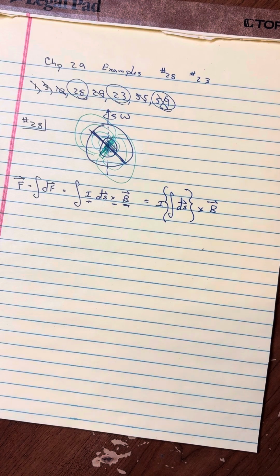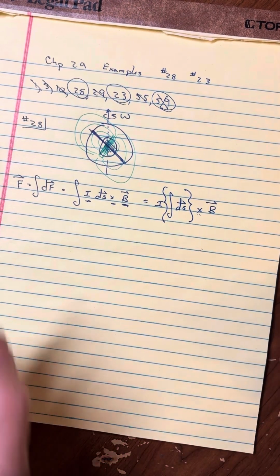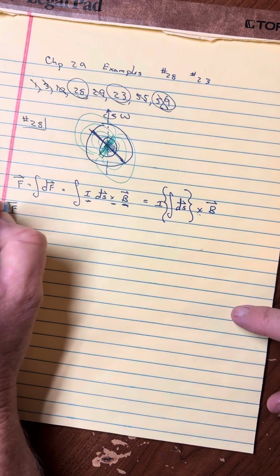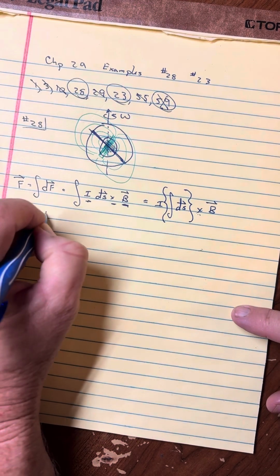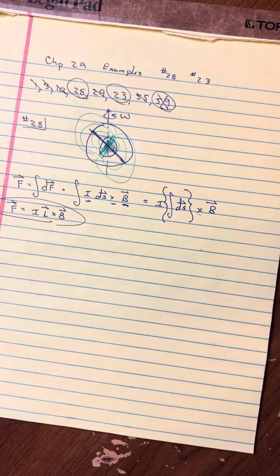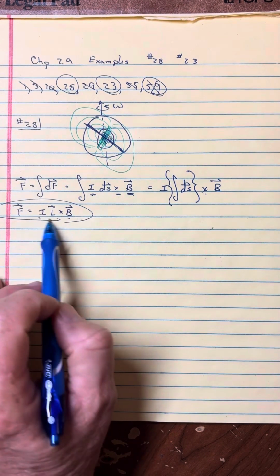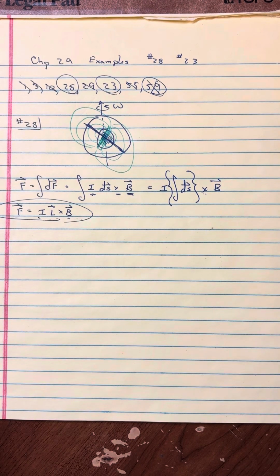They're all constants: the angle, the magnetic field, and the current. We end up with the easy special case of just L cross B. That's what we'll use in this problem to figure out both the magnitude and the direction of the current in order to create the appropriate force.